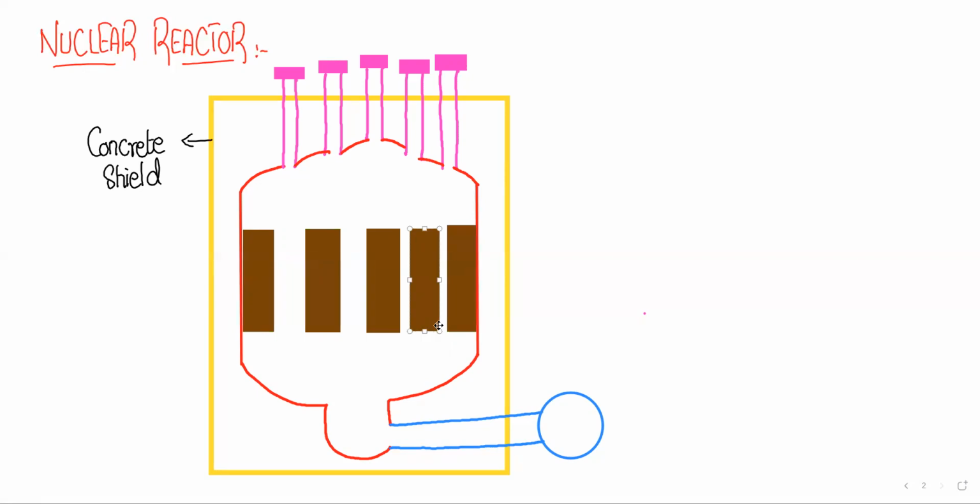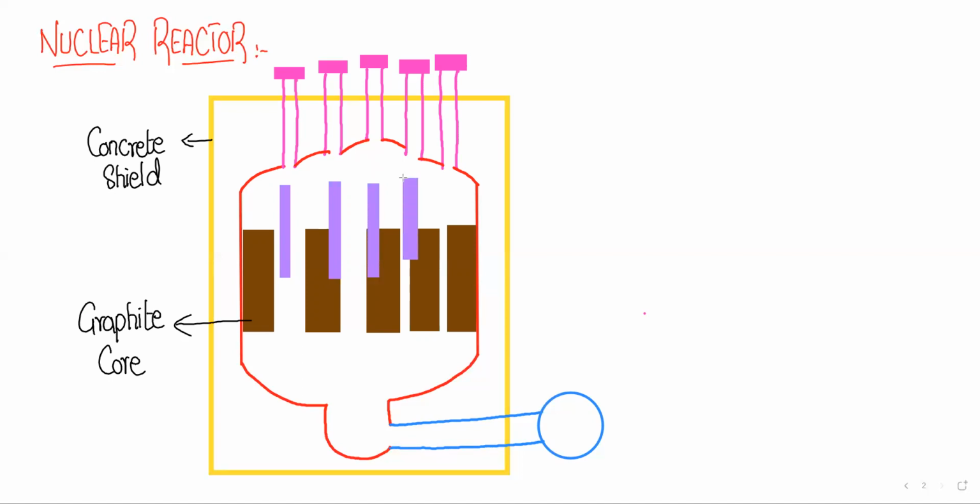Okay, so these are basically graphite core, and these are graphite core. And now we have to select a push rod over here. Okay, so these are control rods.